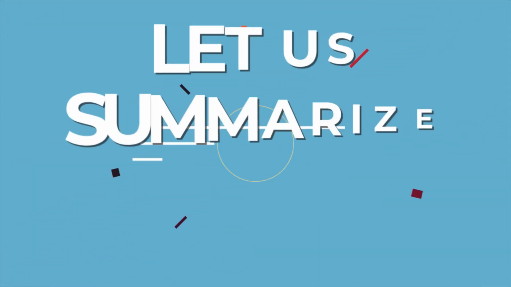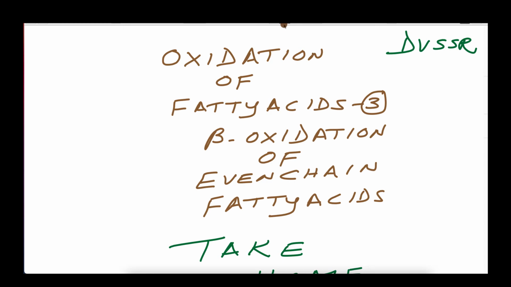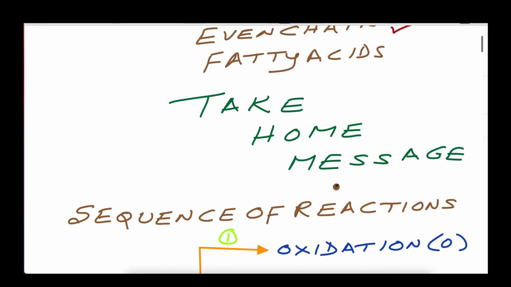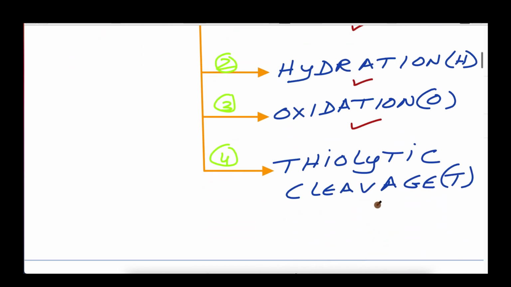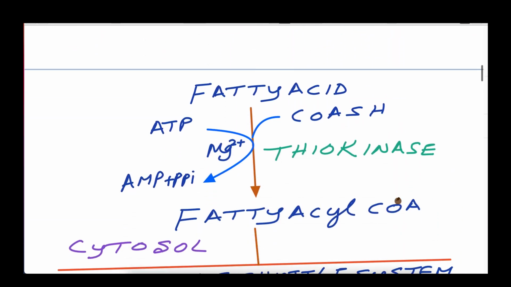On the topic of oxidation of fatty acids, in this session, we have discussed beta oxidation of even chain fatty acids. Let us summarize. The sequence of reactions are oxidation, hydration, oxidation, and thiolytic cleavage. Suppose we take the example of palmitic acid.